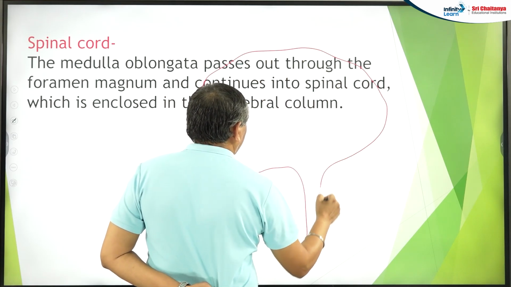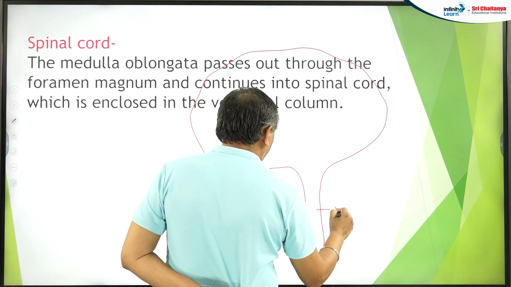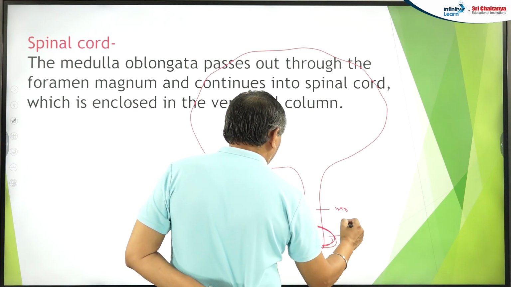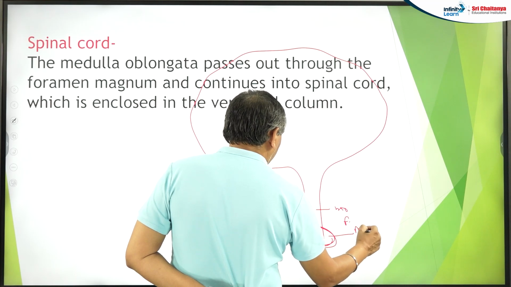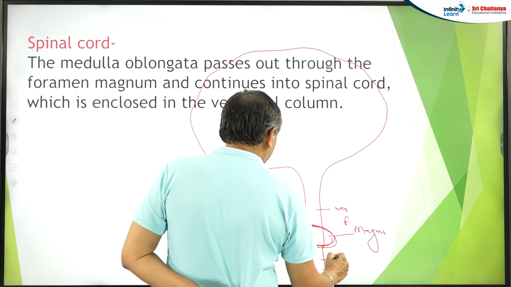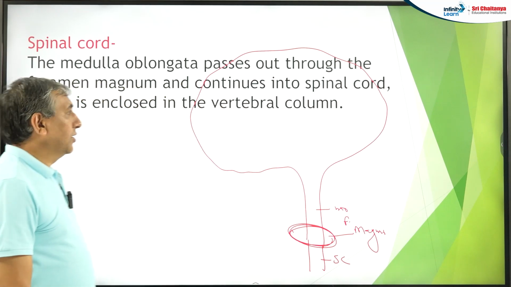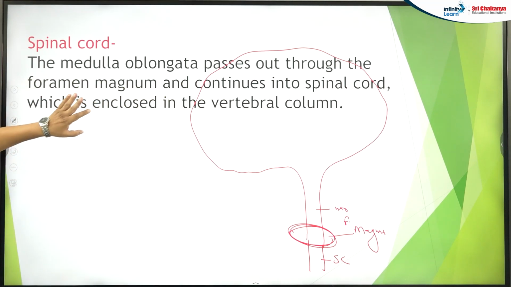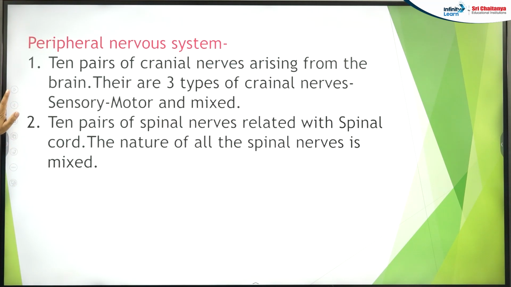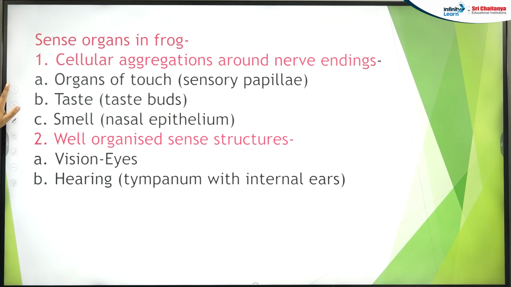Here is the medulla oblongata, coming out from the skull through a big foramen known as the foramen magnum, and it continues in the form of spinal cord. The medulla oblongata passes through the foramen magnum and continues as the spinal cord, which is present in the vertebral column. 10 pairs of cranial nerves, 10 pairs of spinal nerves.